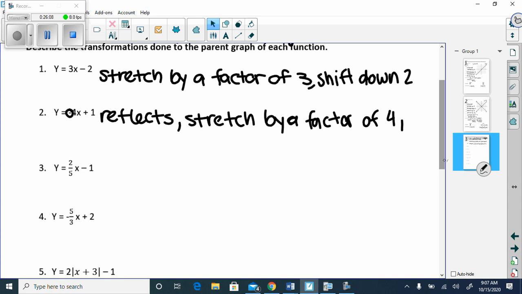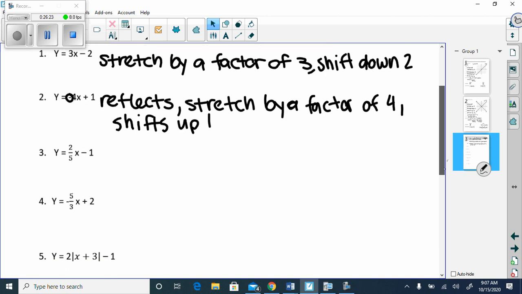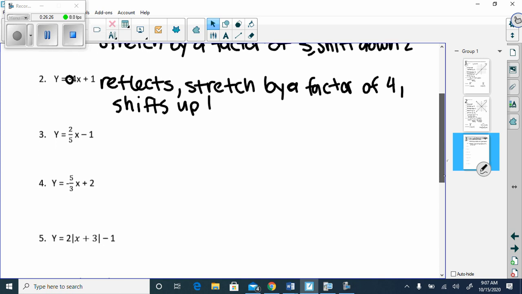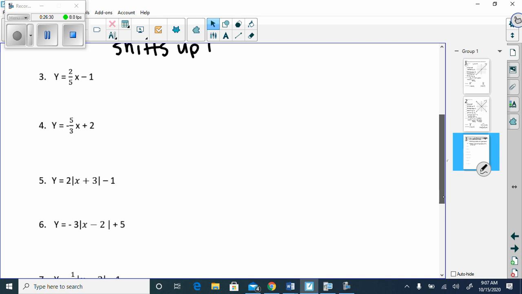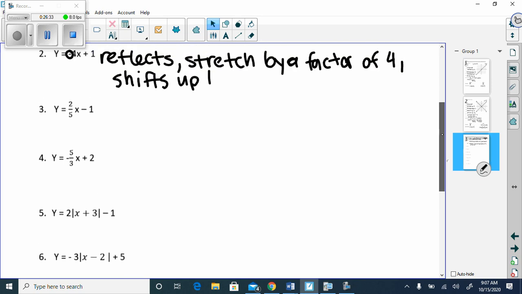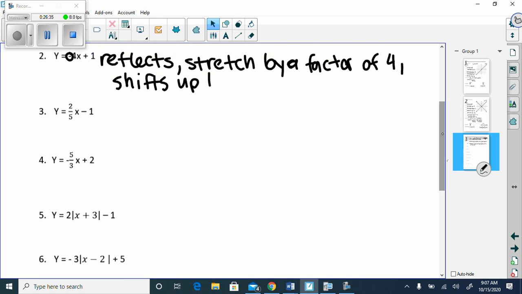Okay, and what does that last piece on the end tell us? Good. Okay, on number 3. So there's no negative, we don't have to worry about reflection. 2/5. What's that going to do?